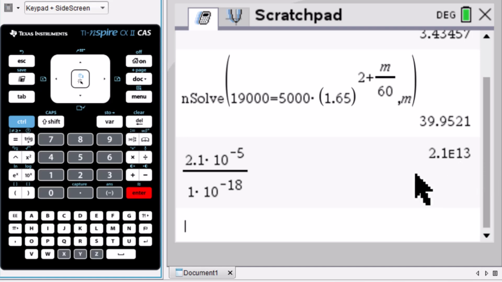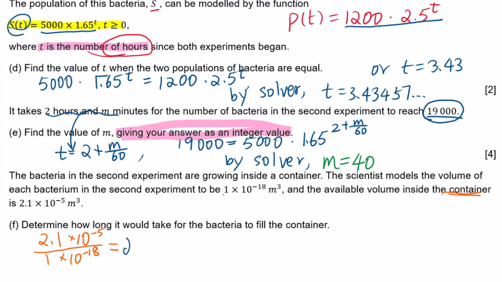This E means 10 to the 13th power. So we get 2.1 times 10 to the 13th power. Do not write down 2.1 E 13. You won't get any points for that. So this is S. Now let's go back to this function.